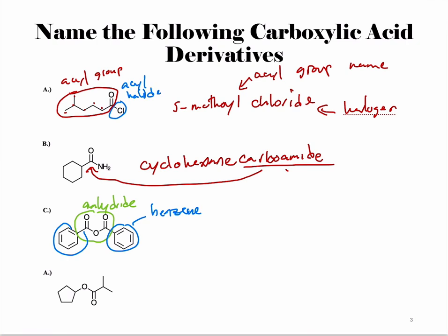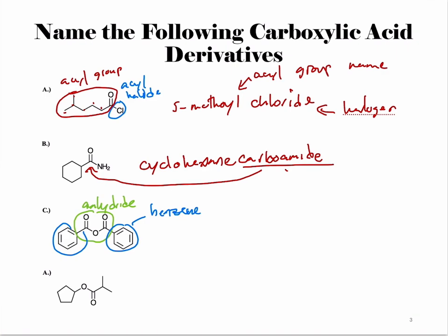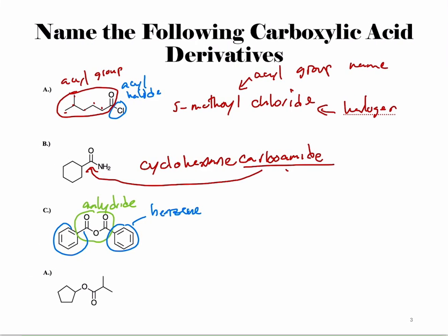So instead of benzoic acid, I don't mean not replacing the ic, but just replacing the acid. So this becomes benzoic, and then we just add anhydride. So this becomes benzoic anhydride. So that's how we name the anhydride structure here.